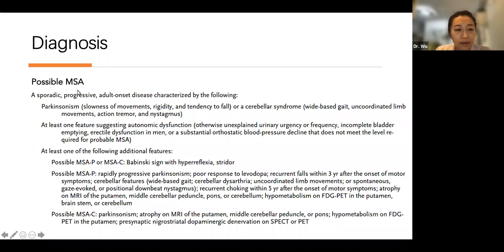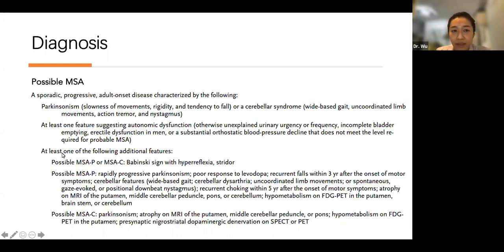And then the possible MSA diagnosis criteria are more complicated. Possible MSA is also a sporadic, progressive, adult-onset disease characterized by the following. First, the patients should have at least one feature of autonomic dysfunction, such as the incontinence and erectile dysfunction mentioned above. Second, the patients should have Parkinsonism or cerebellar syndrome.